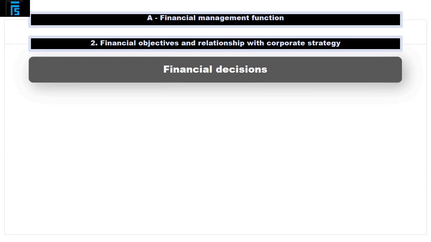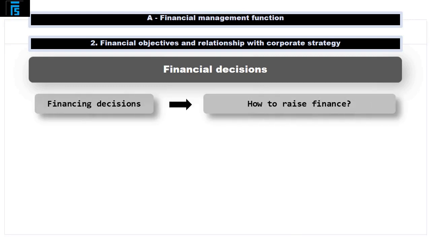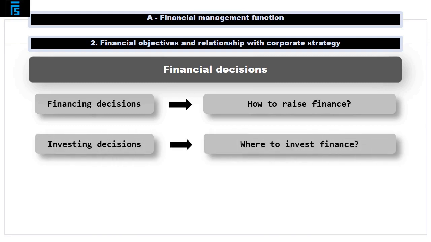Financial decisions. In an attempt to achieve the objectives, financial managers have to make a number of decisions. These can be categorized into three groups as follows. 1. Financing decisions as to how the company will raise the necessary finance. This is considered in the sources of finance presentation. 2.